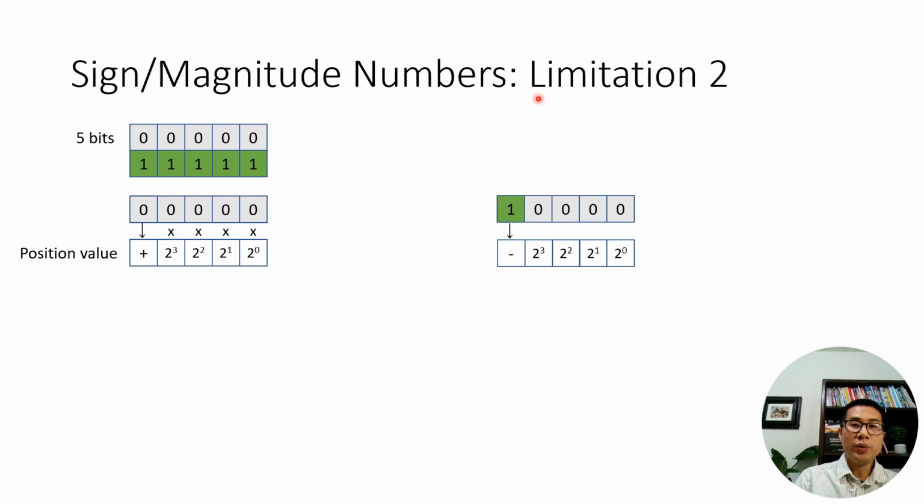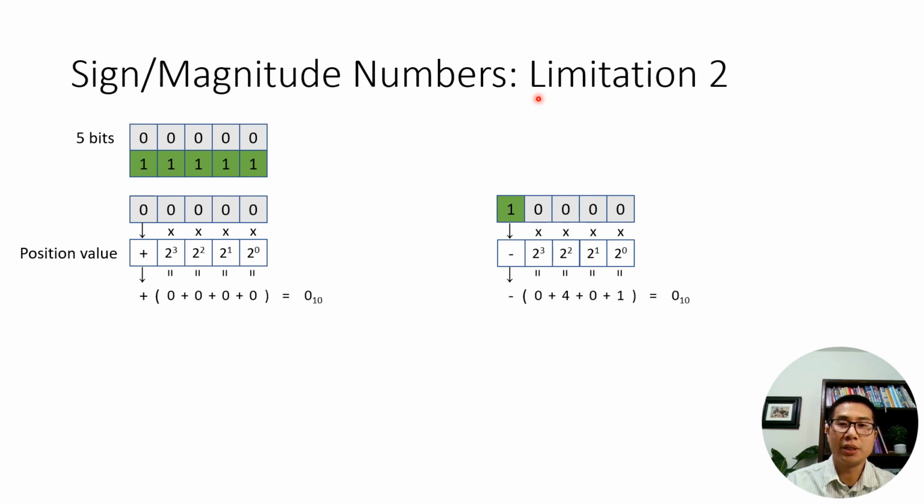If we do the computation again, this one produces 0. And if we do the same computation over here, this one also produces 0. So you'll see that the same decimal value, 0, is now represented by 2 different bit sequences. This is troublesome. It's going to be ambiguous for computers.